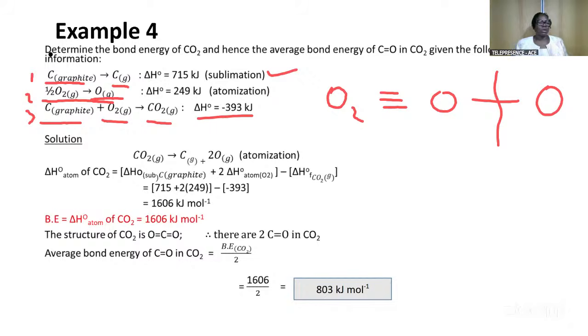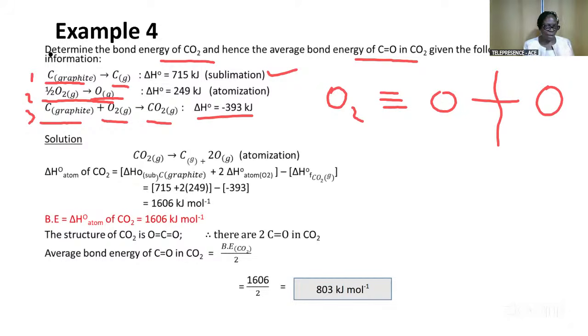So how do we solve the problem? The question again says determine the bond energy of CO2 and hence the average bond energy of C double bond O. So if you look at this reaction, what you have in the first step, I told you is sublimation, in the second step is atomization, and the last one is the enthalpy of formation.